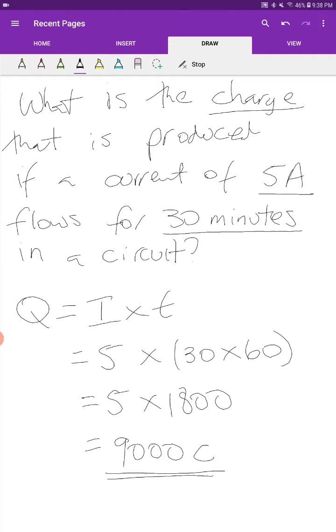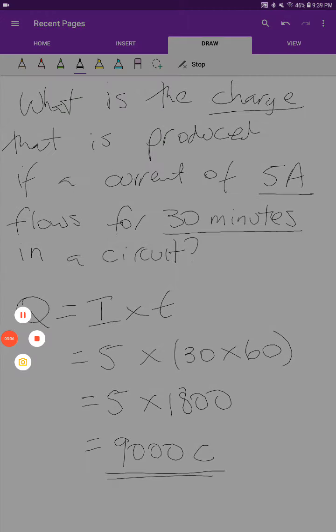Okay, so that's the basics of the first law. First law tells us that the charge present is related to the current that flows through the circuit as well as the length of time that the current flows for.